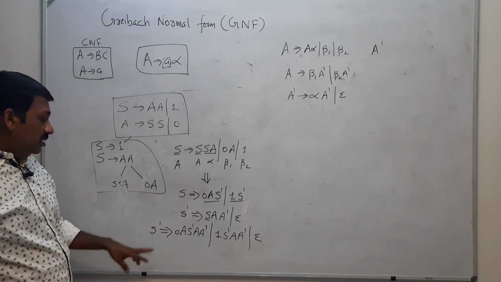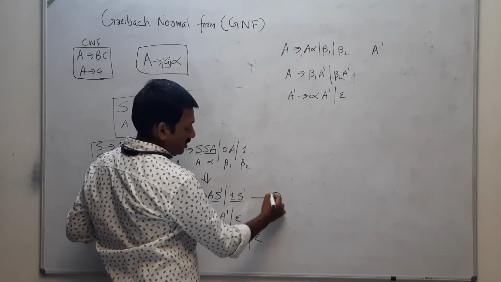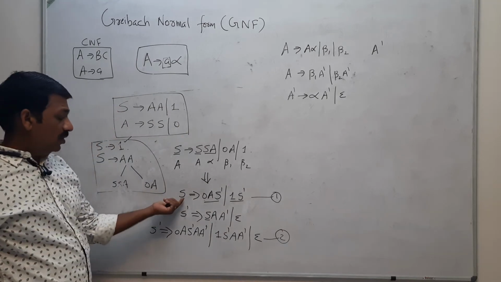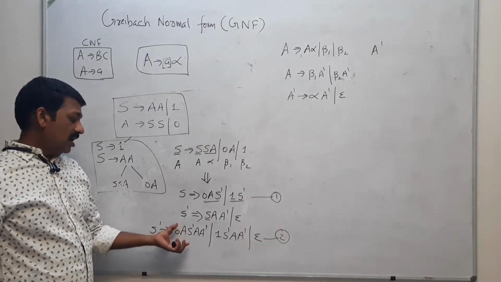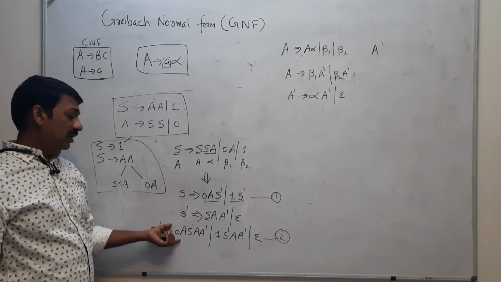Now these are the S productions and these are the S dash productions. So we have only 2 plus 3, 5 productions.